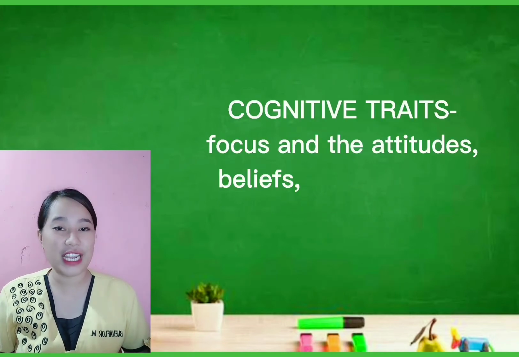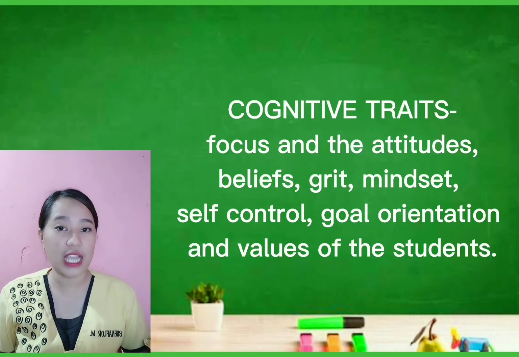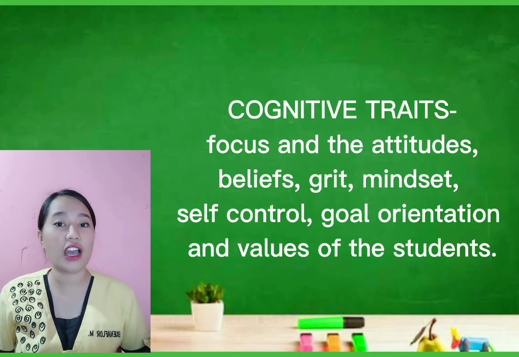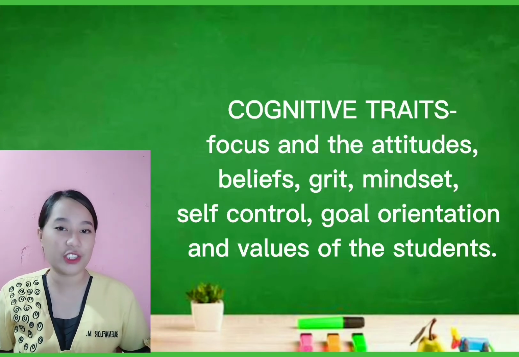Non-cognitive traits focus on the attitude, beliefs, grit, mindset, self-control, goal orientation, and values of the students. So particularly for the students, it focuses on the personality and characteristics, both interpersonal and intrapersonal.